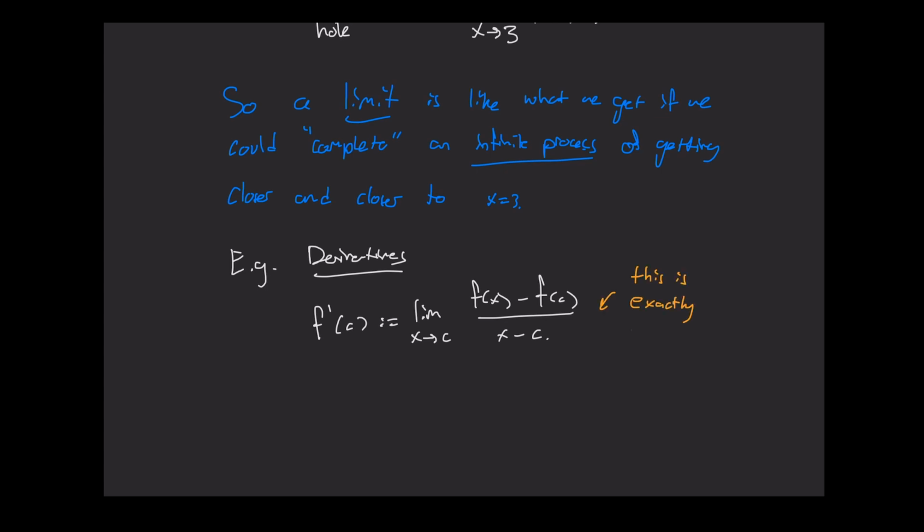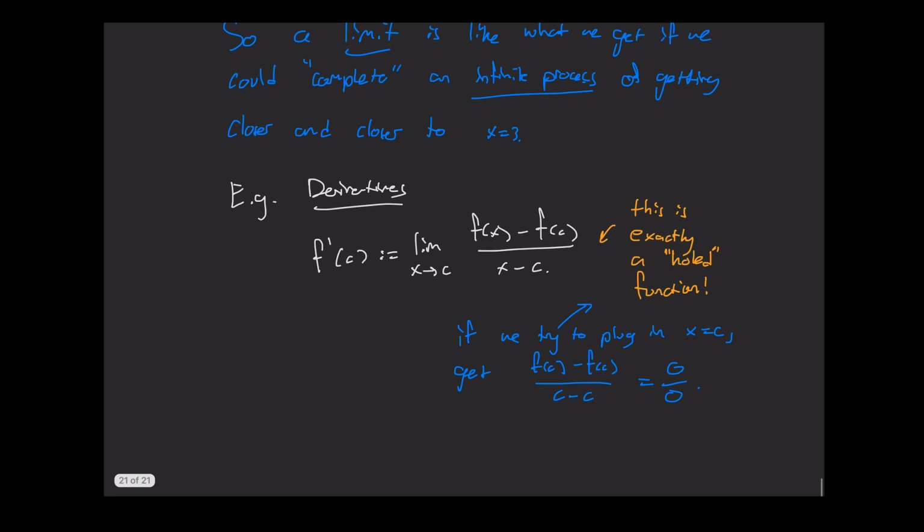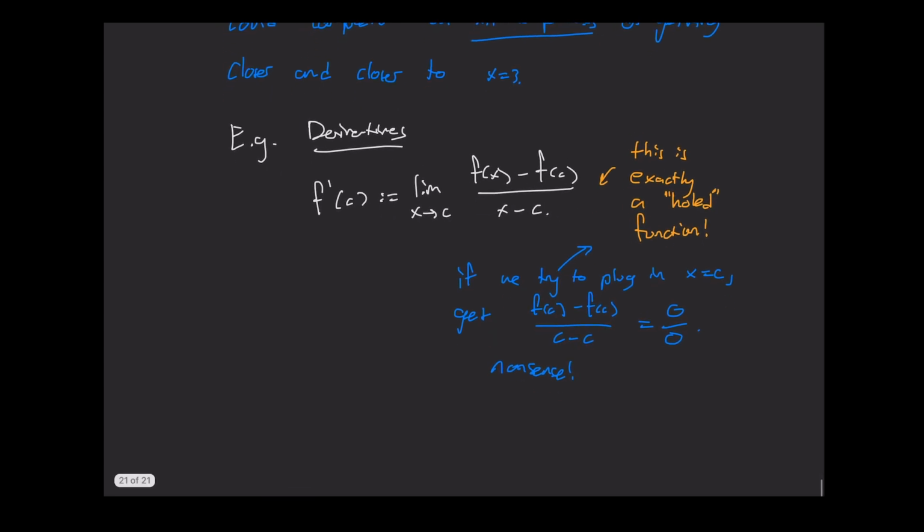And if you look at this quotient here, that's exactly a hole function. So it's a function with a hole in it. And we can see that because if we were to try to plug in x equals c here, we would get f of c minus f of c over c minus c, which is 0 over 0. And that's nonsense. We can't make sense of that. So we really do need the limit to say something interesting there.